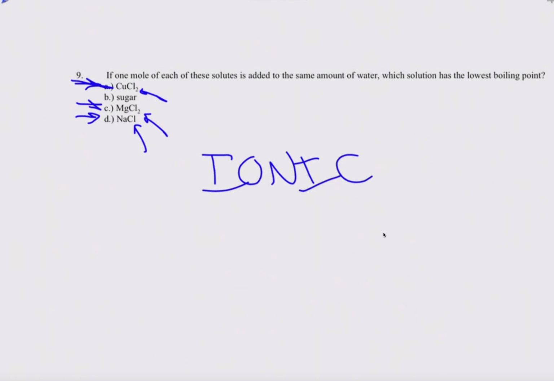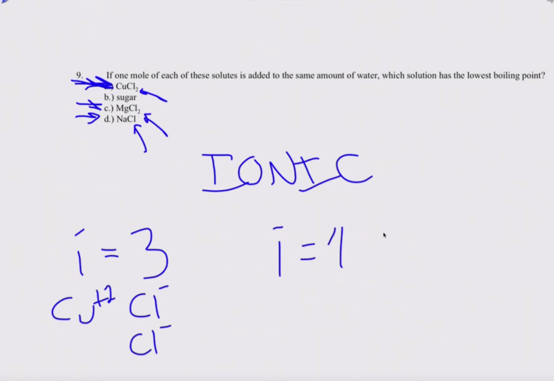So CuCl2, when we're doing the formula for boiling point, has an i value of 3 because it's a copper and 2 chlorines. That's what's produced when you break that up. Sugar, or any compound with carbon, has an i value of 1.